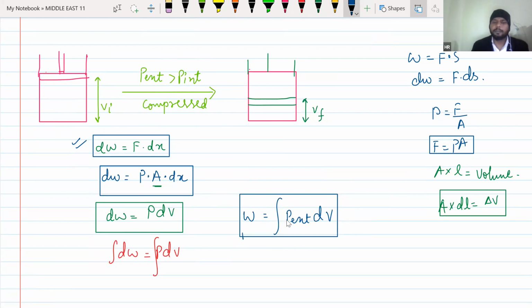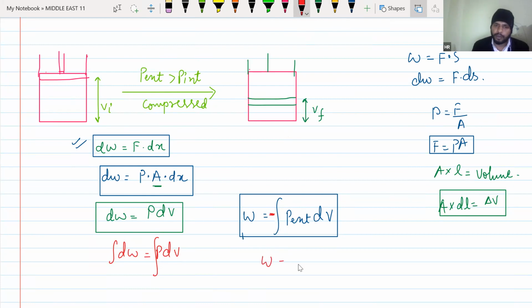And by convention, in the formula of work done, there will be negative marking. Okay, everyone, this negative marking is very important. You will come to know in this coming 15 minutes. This is why this is important.